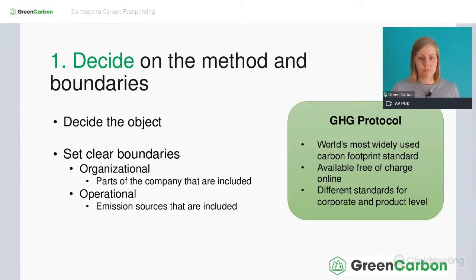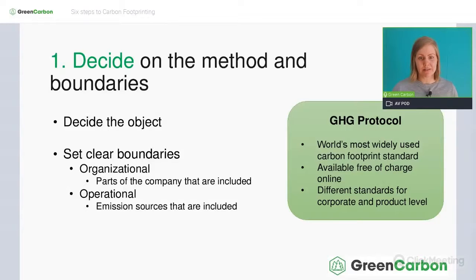And about the method, it's important that the calculations are based on some standards. The most used standard is the Greenhouse Gas Protocol, and it's available for free on the internet. It has different standards for corporate and product level. For example, this standard says that you have to include the scope 1 and 2 emissions, and for scope 3 emissions, you choose those that are relevant for your company.